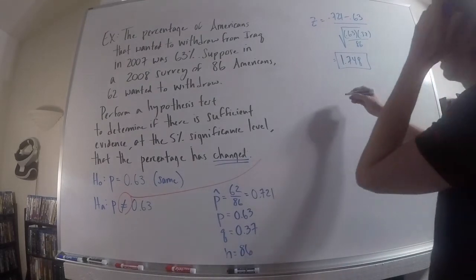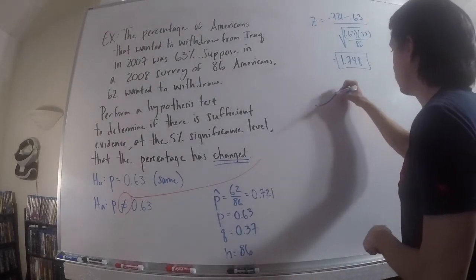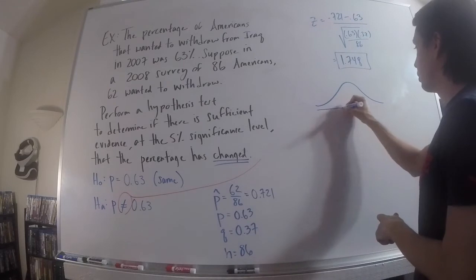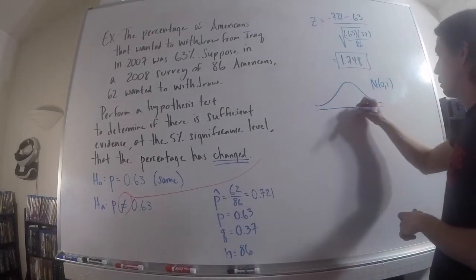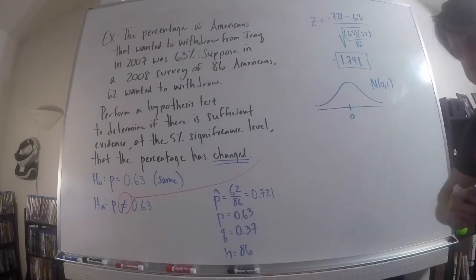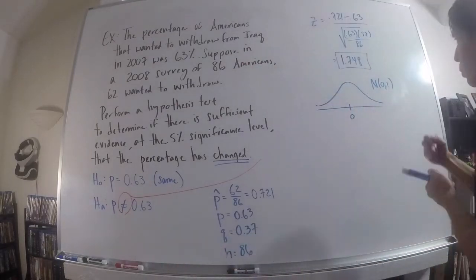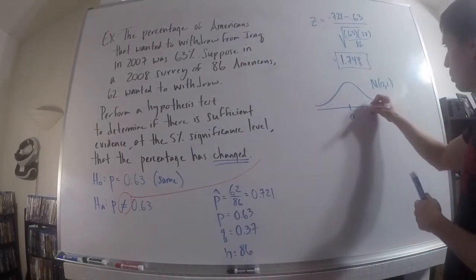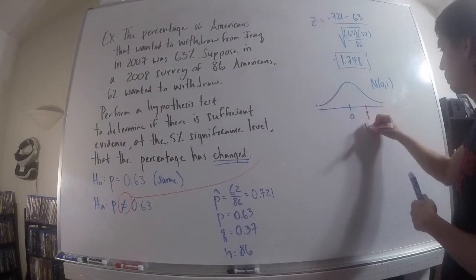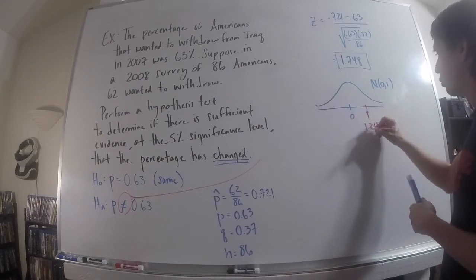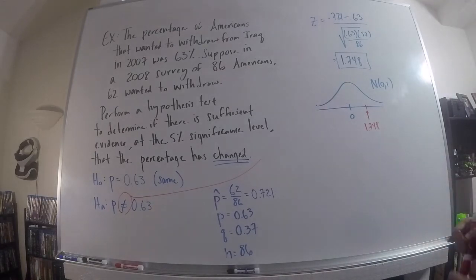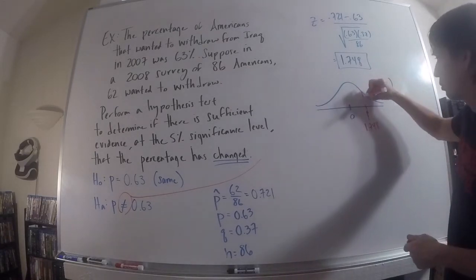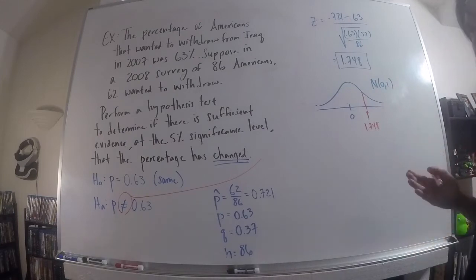Okay, and now I'm going to do my p-value. This z statistic has a distribution that's N(0,1). 0 is there, and my z-score that I got, my test statistic, ends up about right there at 1.748 on my standard normal curve. Now, the p-value is areas under the normal curve.